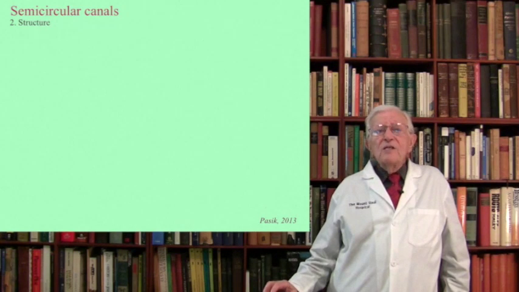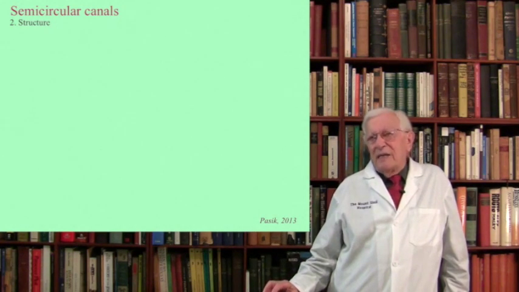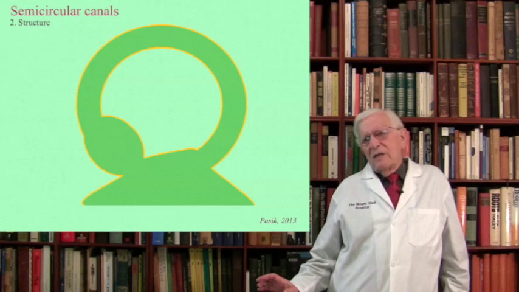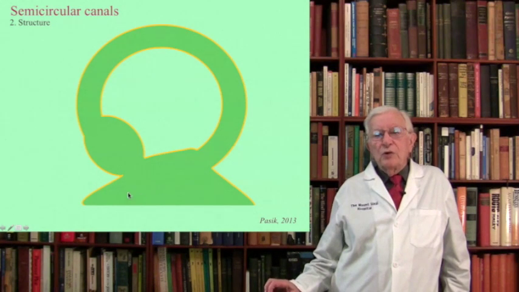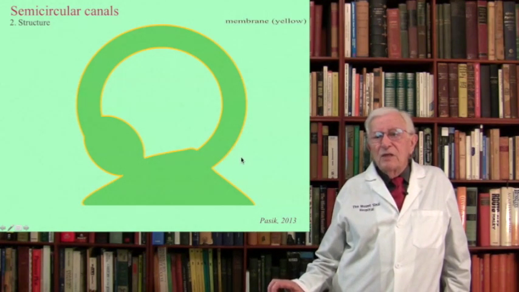Now, let's see what each canal shows. This is a cartoon of one canal. You have the duct here and the openings to the utricle. This will be the utricle, and this is the semicircular canal, and you see that there is a plane end here.